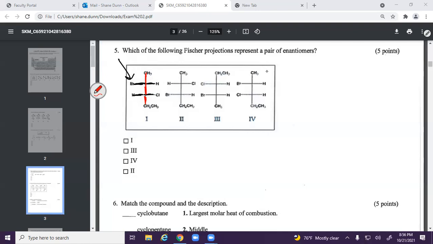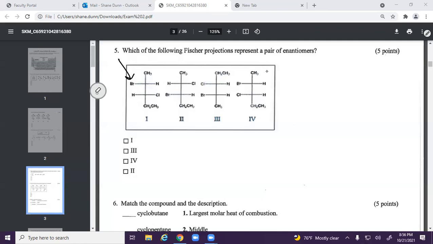Are there any solid lines? Not with this one. Just wedges and dashes.